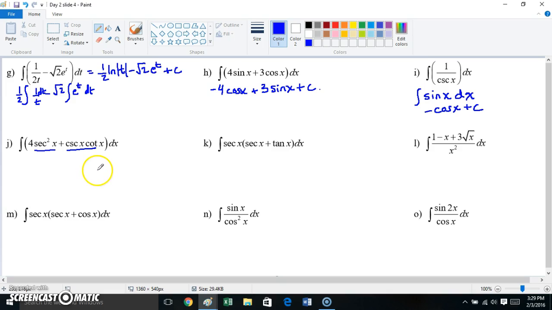Okay, in letter J, we have the integral of the secant squared. The integral of secant squared is tangent, so we have 4 tangent of x. Cosecant x times cotangent x is the derivative of negative cosecant of x.